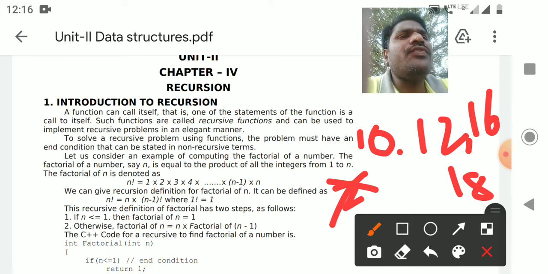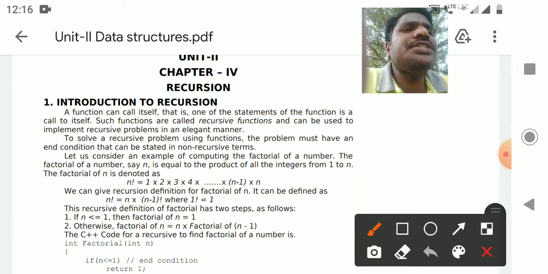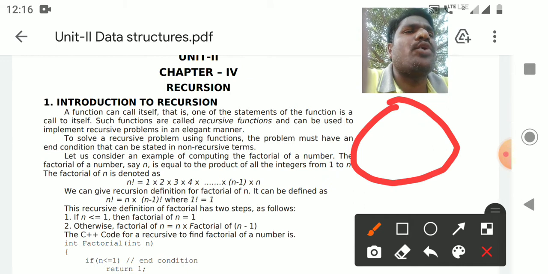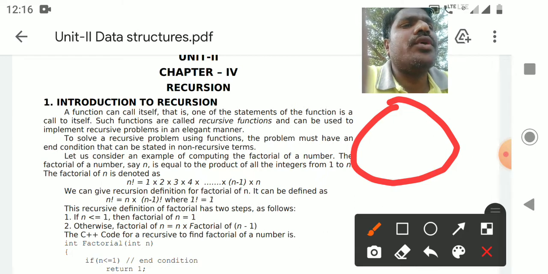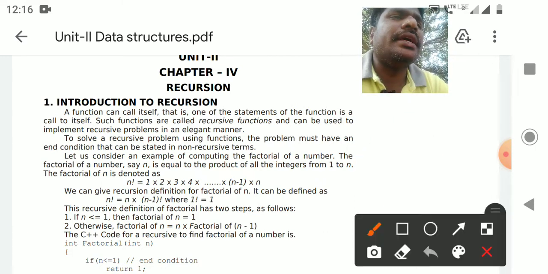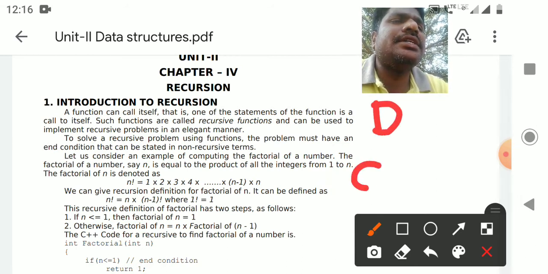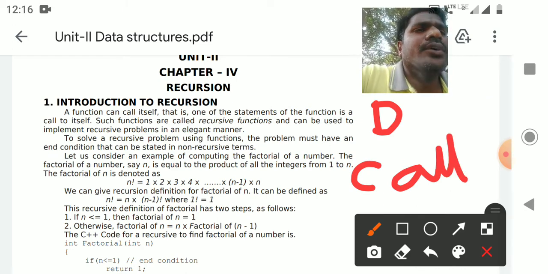We already know a function is a block of programming code. When you write a function, there are mainly two things: function definition and function calling. There is also a function prototype.